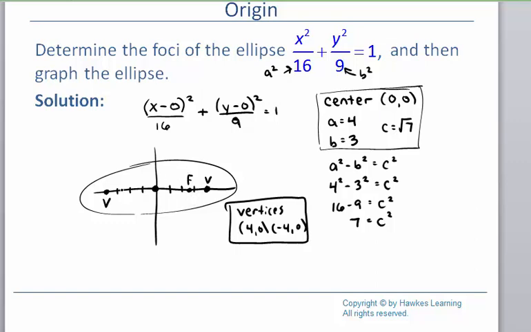And I'm going to come over 2.6 in this direction. And I can write my coordinates for this as well. So my foci, I'm going to go over 2.6, or actually over the square root of 7, and up 0. And then I'm going to do the same thing coming back to the left: to the left, the square root of 7, and up 0. So there are my foci points.